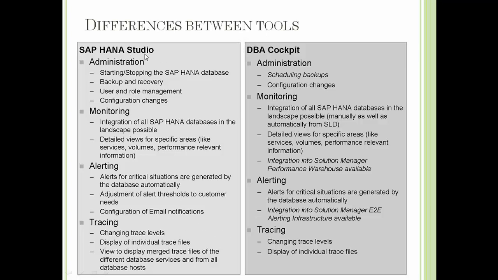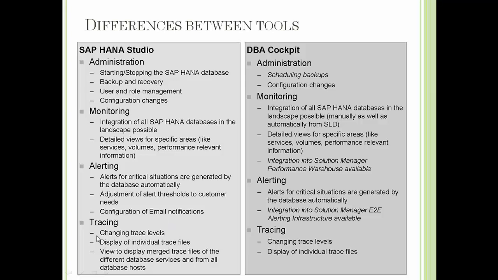And email notification functionality is available with HANA Studio, but DBA Cockpit does not offer email notification for any alerting purpose. But DBA Cockpit offers an additional functionality like integration into Solution Manager E2E, the end-to-end alerting infrastructure. As I said, it offers different infrastructures like monitoring, end-to-end alerting infrastructure, and performance warehouse infrastructure. So this has advantages of using DBA Cockpit over HANA Studio.